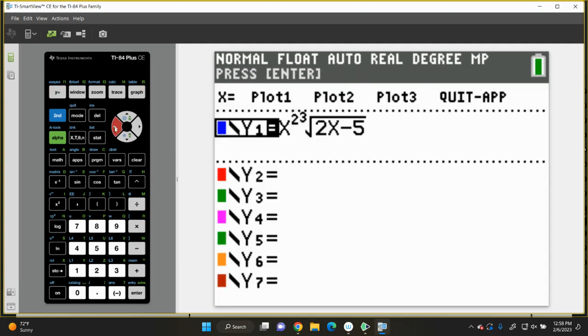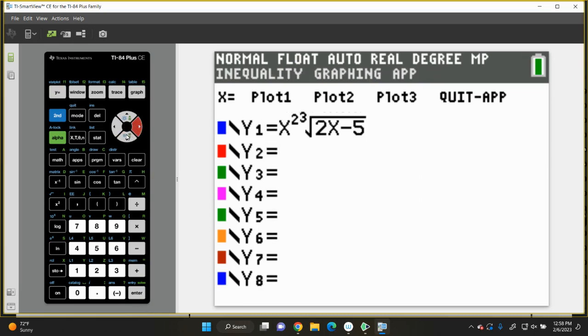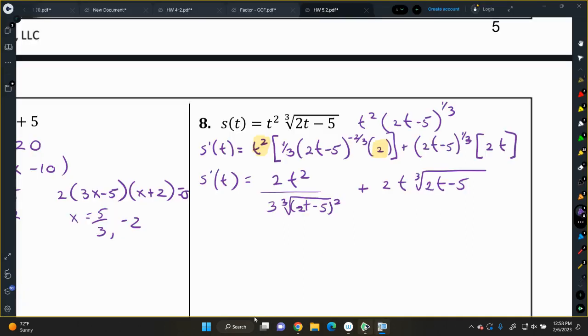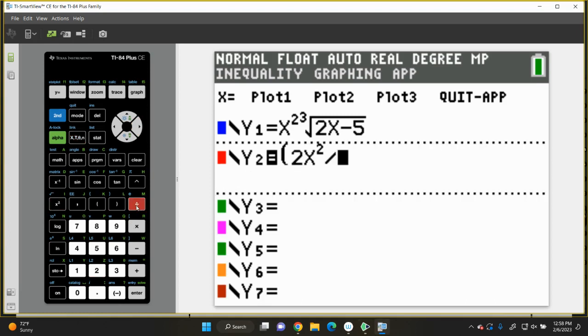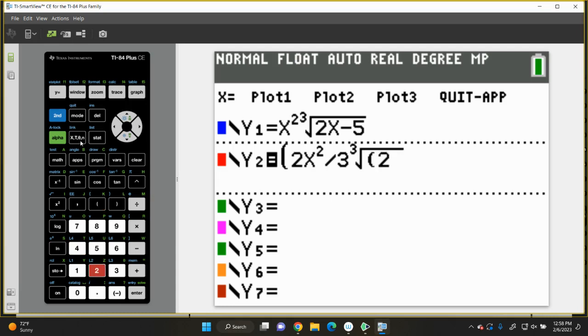Now, I'm actually not going to graph the original function. Now what I'm going to do is put in the function that I got as the derivative, which was 2t squared over 3 cube root of that. That's just so nasty. Divided by 3, and then that's a cube root of (2t minus 5) squared.